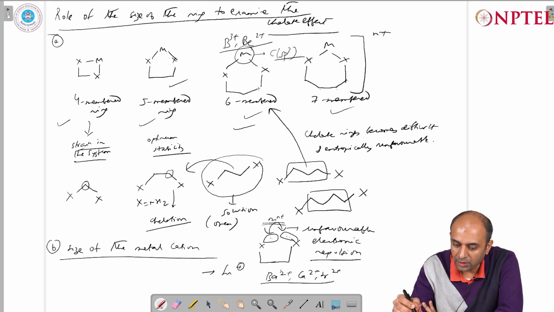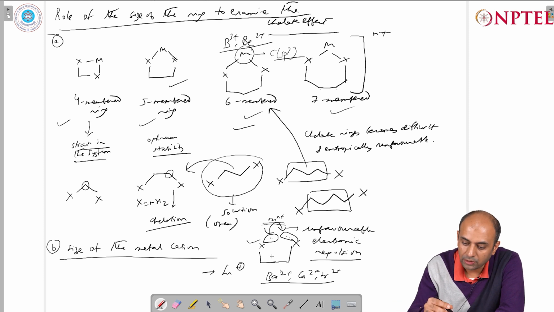So, overall, to summarize, the 5-membered ring forms the most stable complexes, and the 4-membered ring is a strained system. And if the size of the cation is small, then we have to minimize the electronic repulsions between the lone pairs, and therefore 5-membered rings or 4-membered rings are not favored.